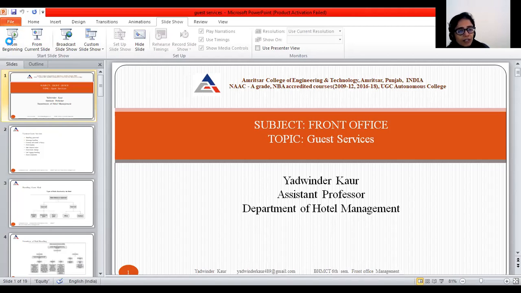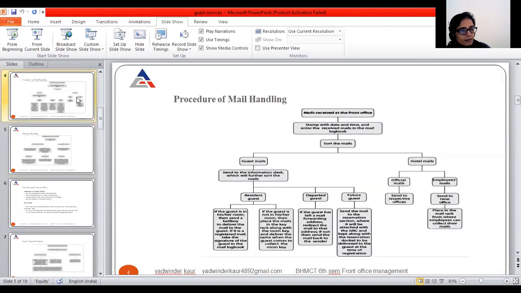Whenever we receive mail at the front desk, we have to stamp it with the date and time and enter the received mail in the logbook. So we have to write down that mail, and then sort the mails, like guest mails or hotel mails.